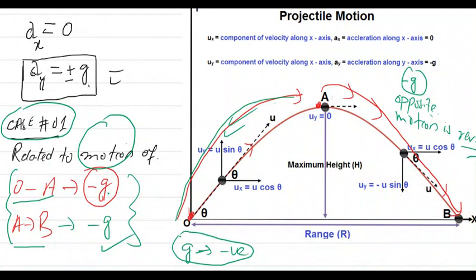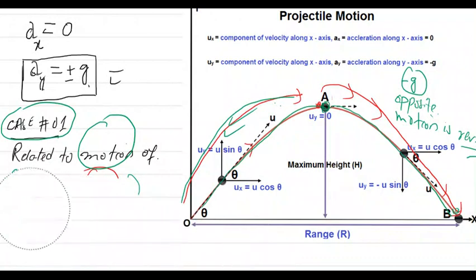That's why we take the negative sign, and from A onwards the motion is reversed, so we take the negative sign. This is the theory: always take the negative sign of g, whatever the positions you are taking throughout the trajectory. Now, after this, let's see the second case.